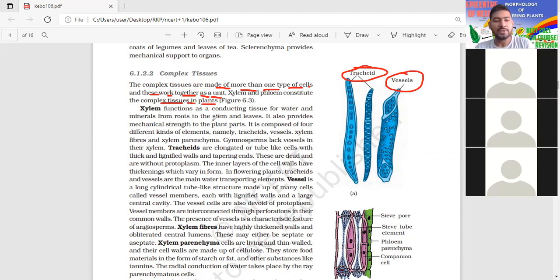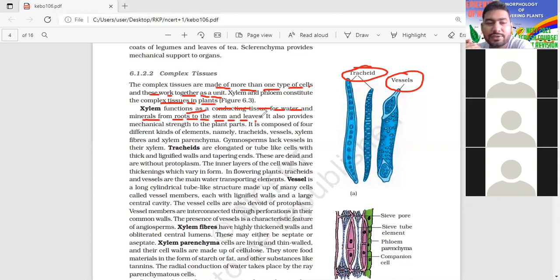I told you already, the xylem functions as a conductive tissue of water and minerals from roots to stem and leaf. This is the very basic concept you know very well. The xylem can also transport some hormones. So the xylem's basic function, as given here, is as a conductive tissue for water and minerals from roots to the stem and leaves.